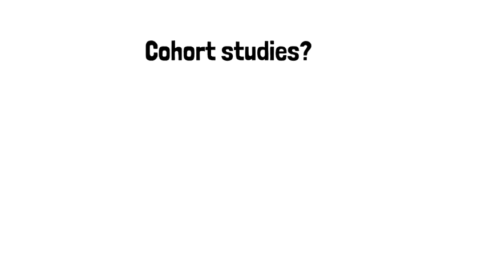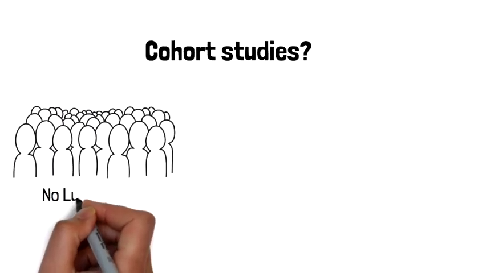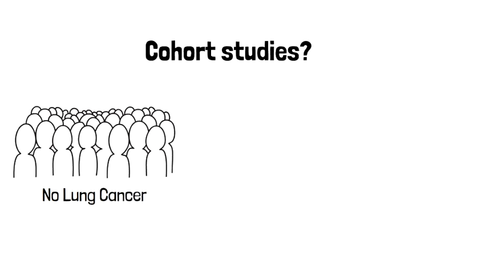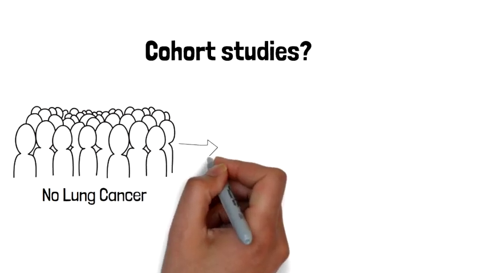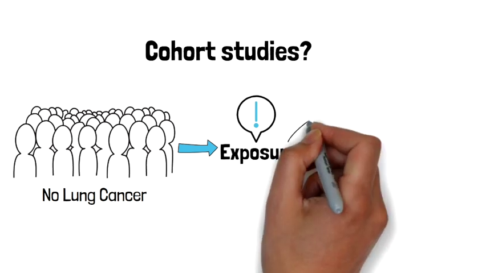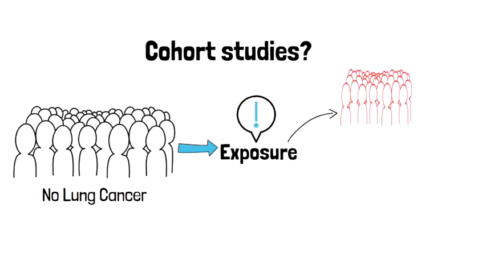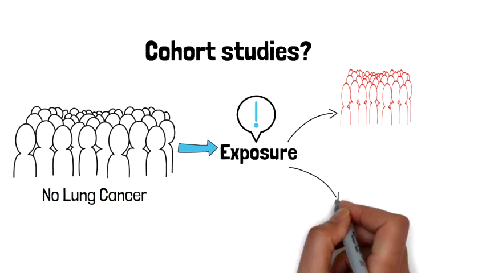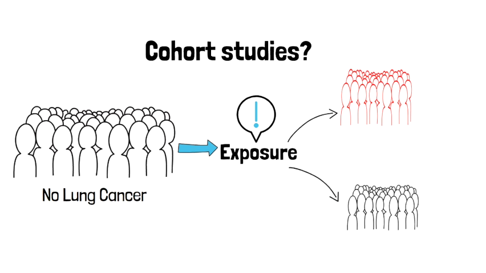Cohort studies are used where a group of individuals who do not have the outcome of interest or are free of illness that we are looking for are exposed to certain exposure of interest. At the end of the study, according to the exposure of interest, the group of people who develop the outcome or disease or illness are compared to those who have not developed the outcome that we are interested in.